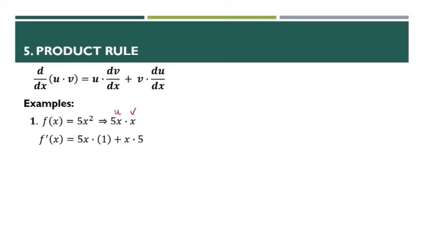So we have u times dv, which is derivative of x is equal to 1, plus v, which is x, times derivative ng u, which is yung constant multiple na lang. So we have 5x plus 5x. So we have 10x.